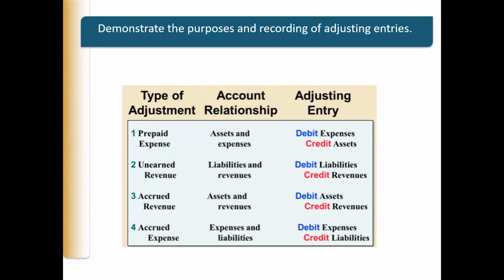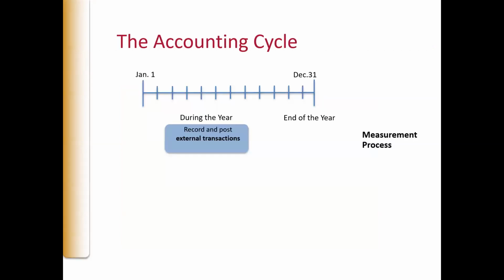Or we may have some accrued revenues and accrued expenses. So let's look at these 4 scenarios and look at how we need to record these adjusting journal entries prior to preparing our financial statements.